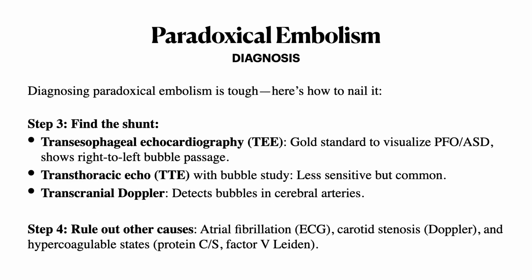Now we have to find the shunt, PFO or ASD, right? Transesophageal echocardiography is the gold standard to visualize PFO or ASD. You see right-to-left bubbles pass, right? Transthoracic echo with bubble study is less sensitive but common, and transcranial Doppler detects bubbles in the cerebral arteries.